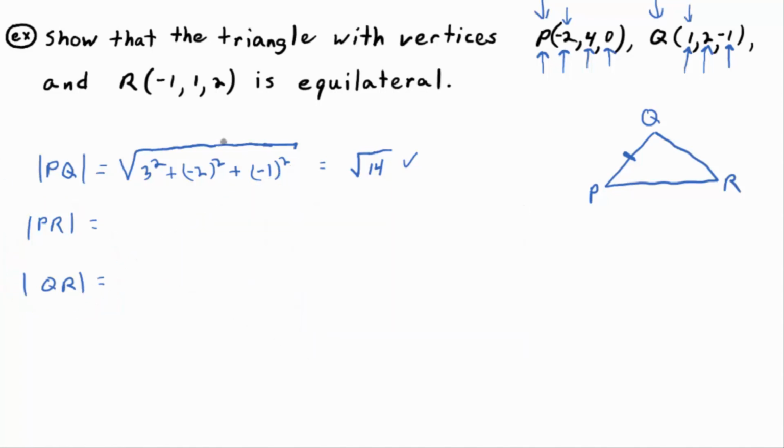So this half of the class, what are you getting? You are getting root 14. Great, I copied the problem down right. So you're saying that this distance from P to R is root 14 also, right? Now, you guys over there, did you get root 14? Good. Does anybody have any questions on anything?